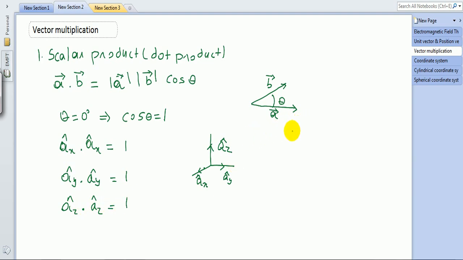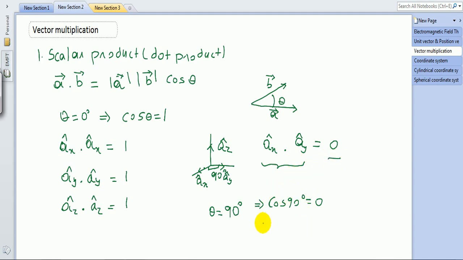Now if I do ax cap dot ay cap, this will become 0, as ax cap and ay cap are 90 degrees apart. The angle between them is 90 degrees, and cos 90 degrees is 0. So that's why ax cap dot ay cap will become 0.